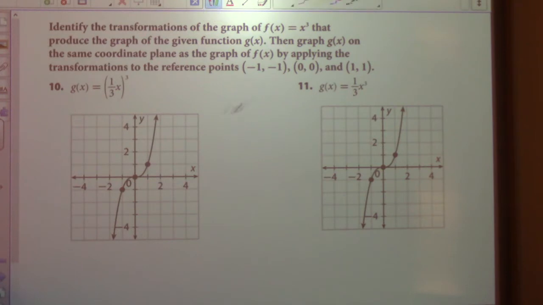So basically, I want to make this in the form f of x equals a(x minus h) cubed plus k. Okay, that's the form we've been working with.